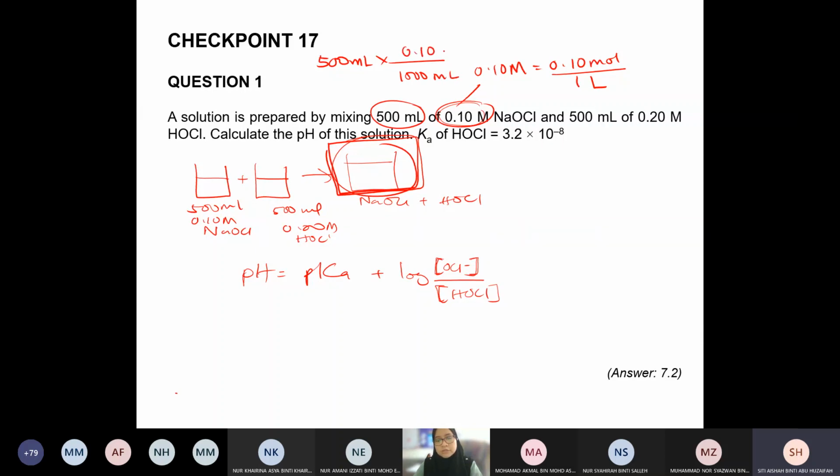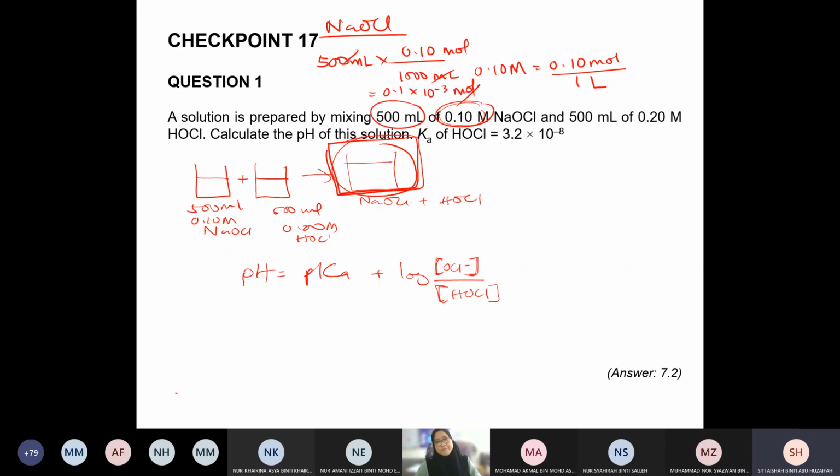Up here should be 0.10 mol. Okay, alright, so you cancel out in order for you to get the mol of NaOCl. Okay, alright, so satu bahagian 1, 2, 3. So berapa? 0.1 dar 10 kuasa negatif 3 mol.